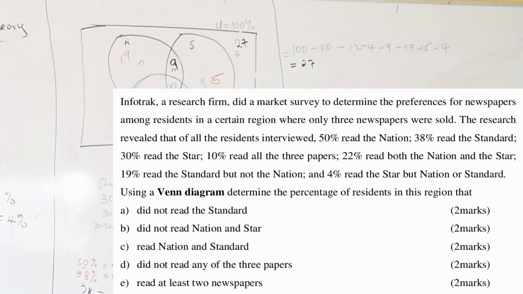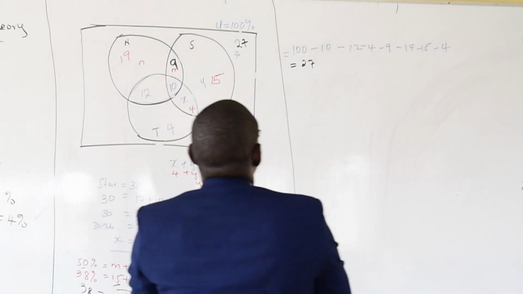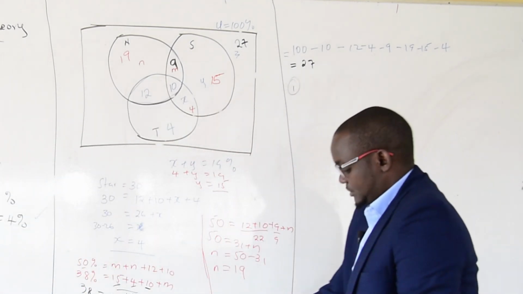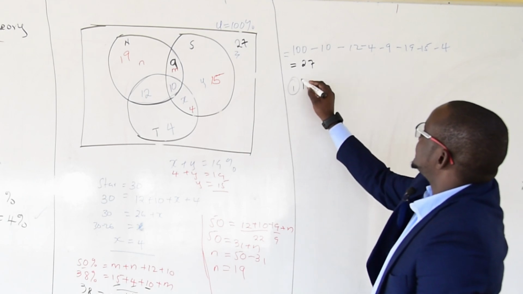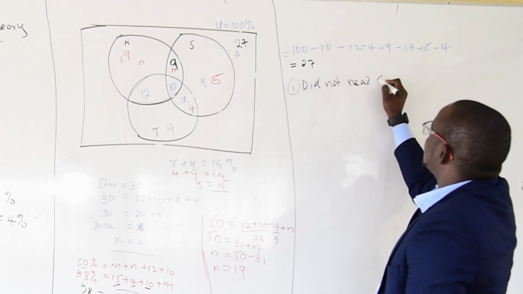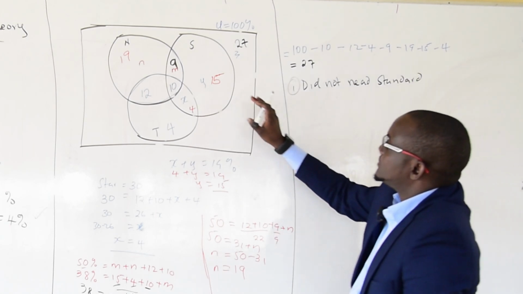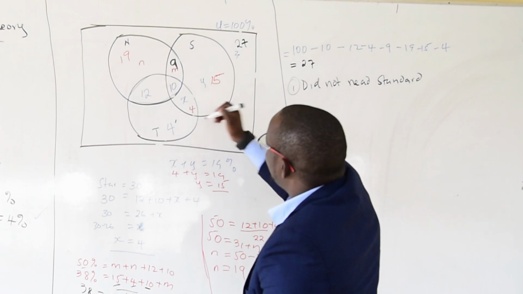The question was asking those that did not read the standard. So those that never read the standard, we know the circle for standard is this 4.